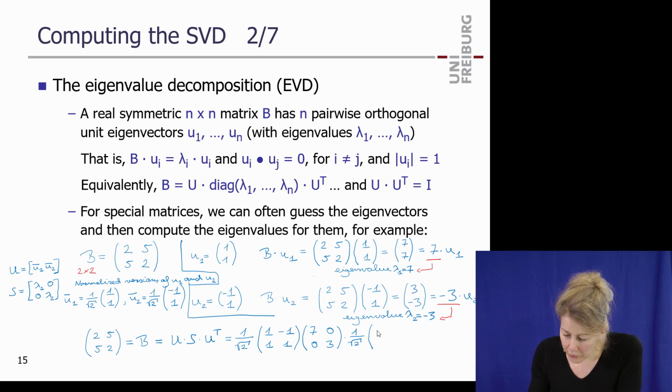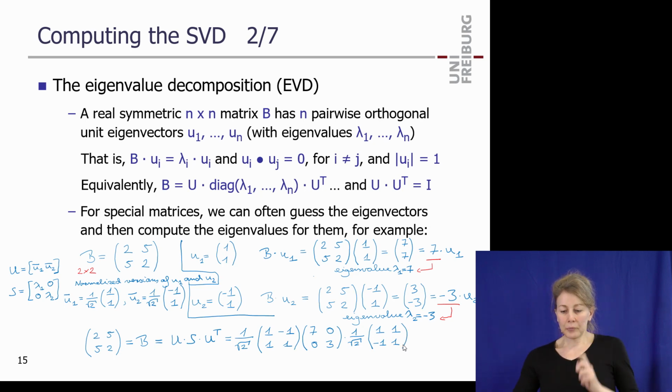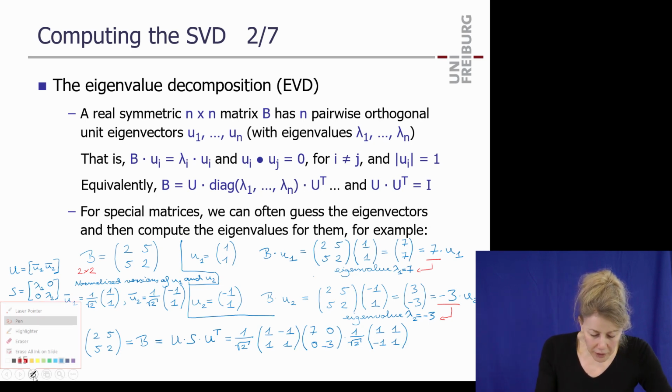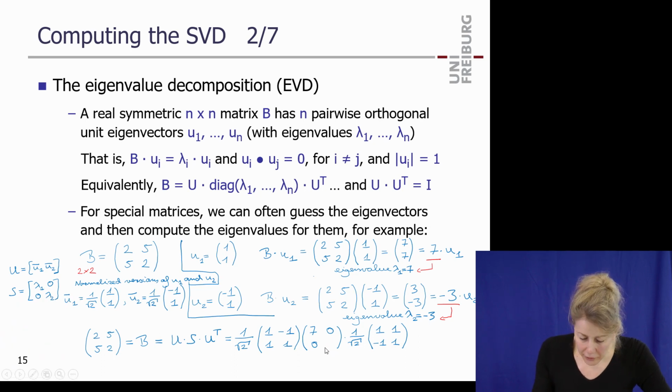Now I transpose it, which means the row here becomes the column, and like this. Minus? Oh yeah, absolutely. Minus 3, yes. This should be minus 3.